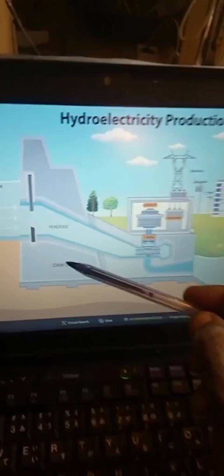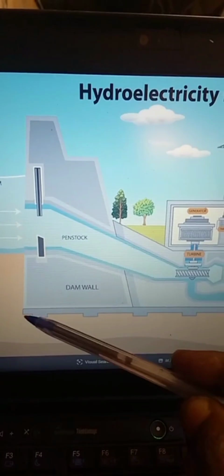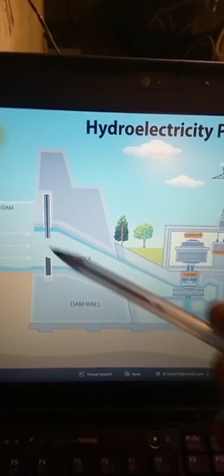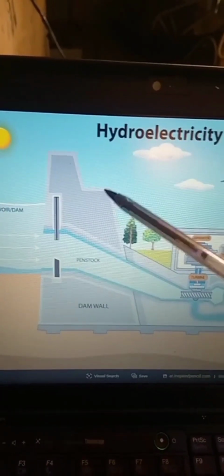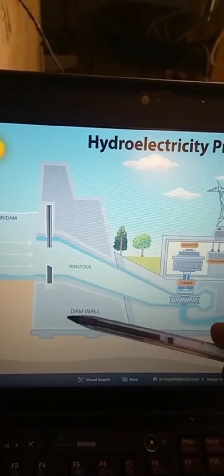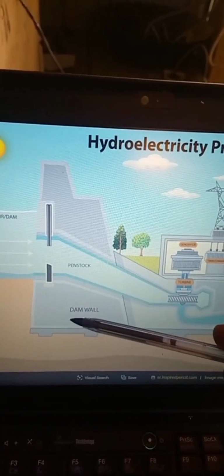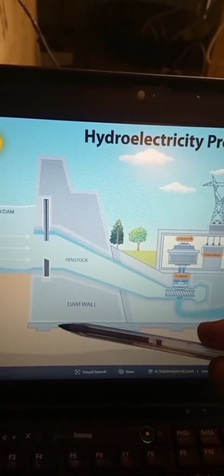You can actually see this wall, the dimension from here up to this point is thicker than from here up to here. The reason is that pressure accumulates at the bottom of every vessel. So at the bottom here, we need to have a very thick wall that will hold the pressure.